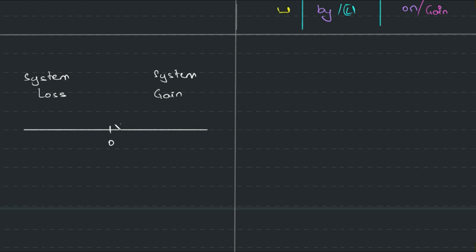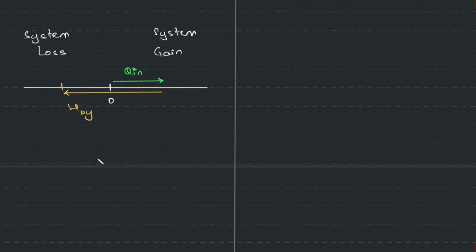So let me put it this way: if we have energy or heat coming in, this is Q1. And if the system is doing work, we have to move to the left. So that is work by the system. If the energy coming in is lesser than the work done by the system, the system will lose energy. This is one possibility. Like this, there are many possibilities.